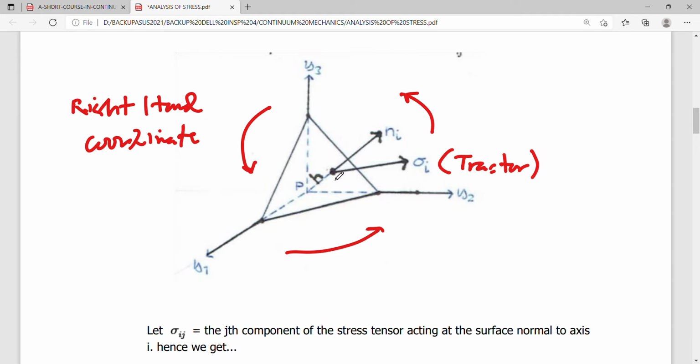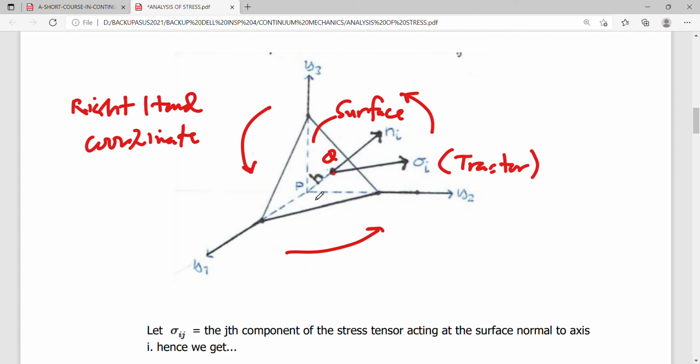When you say normal, the angle from which this direction is reckoned is 90 degrees from this surface described by this tetrahedron. Okay, so your point of reference is actually a point Q measured from the origin P at the distance h.